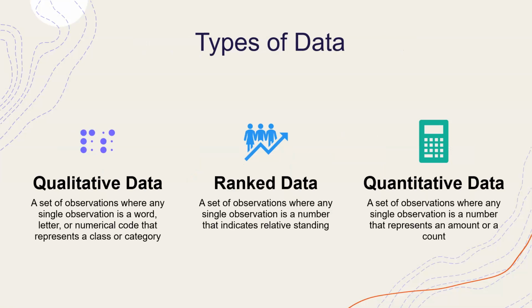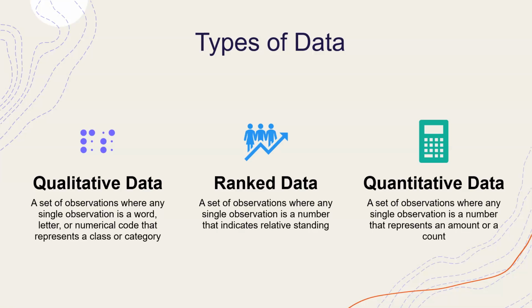The precise form of a statistical analysis often depends on whether data are qualitative, ranked, or quantitative. To determine the type of data, focus on a single observation in any collection of observations. Generally, qualitative data consists of words such as yes or no, letters Y or N, or numerical codes 0 or 1 that represent a class or category.